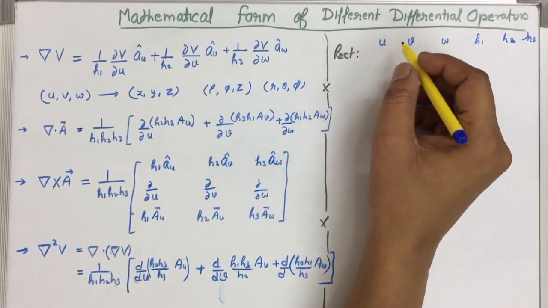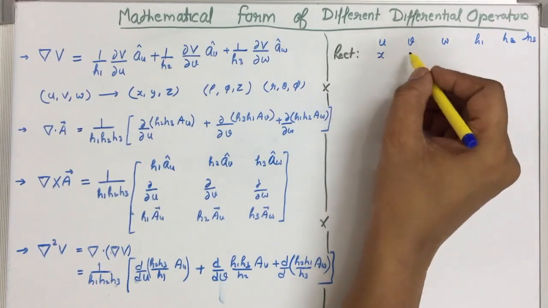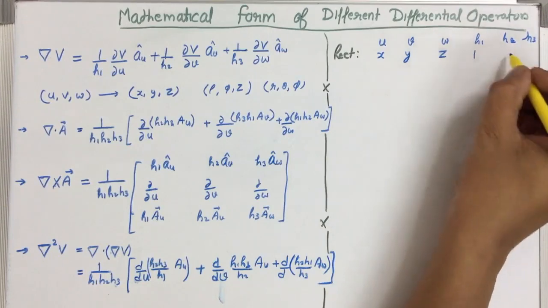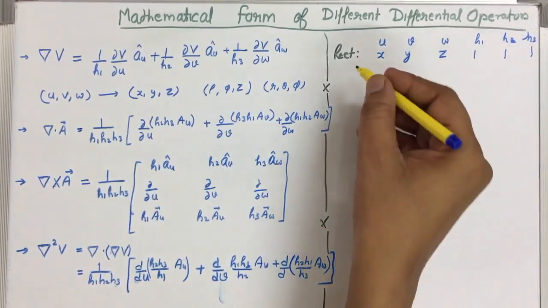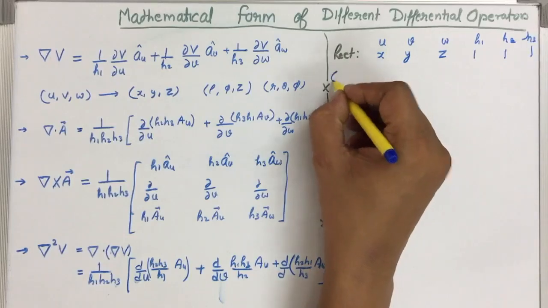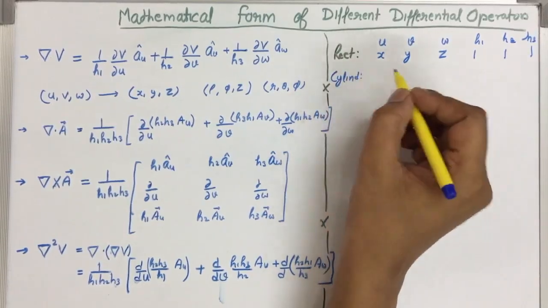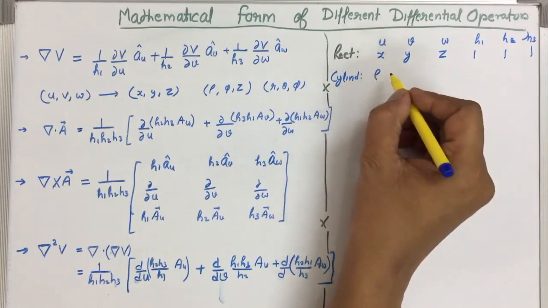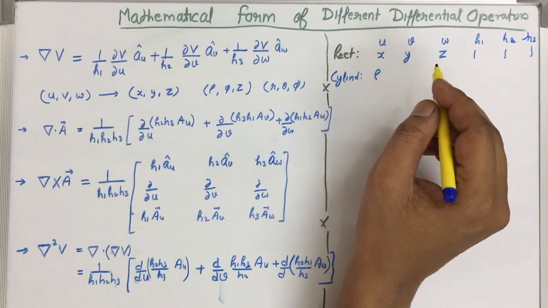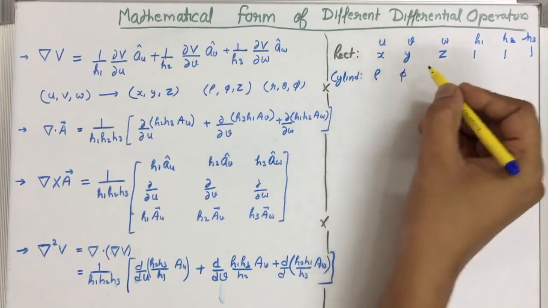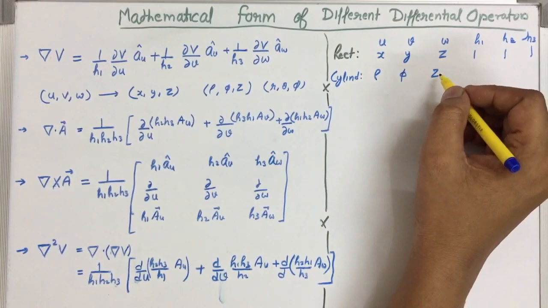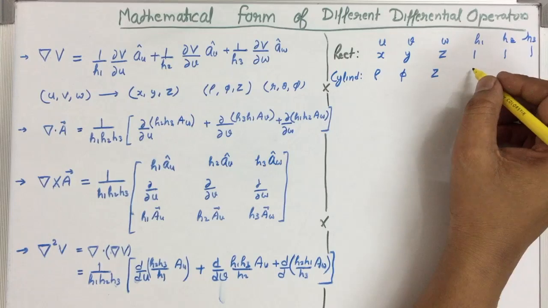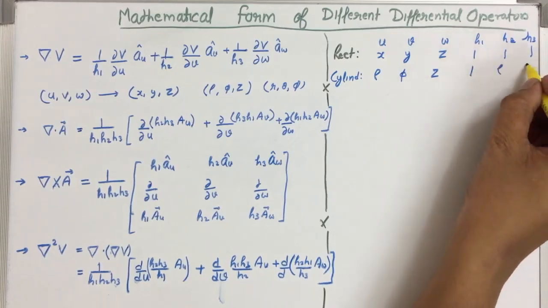So in rectangular coordinate, u will be x, v will be y and w will be z. And this is simple, h1, h2, h3 will be 1. But in cylindrical coordinate, what will be u? I think we have discussed it very well. That is rho, phi, z will remain z. What about h1, h2, h3? If we relate from previous study, then we find 1, rho and 1.